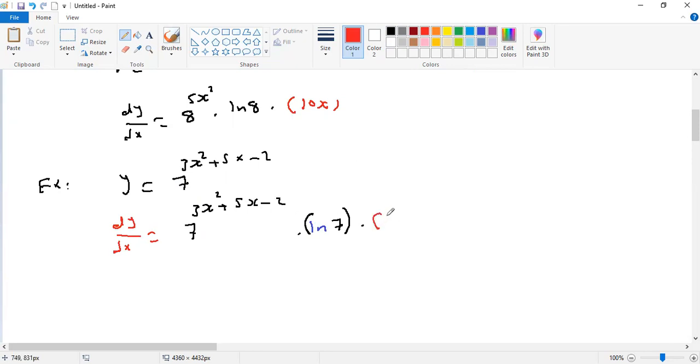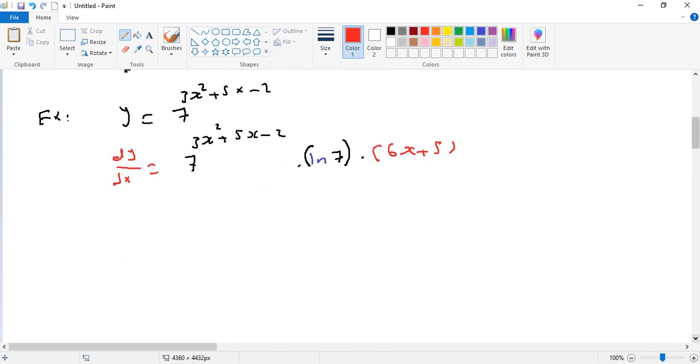The derivative of 3x squared is 6x, plus the derivative of 5x, which is 5, and minus 0, because the derivative of a constant is 0.